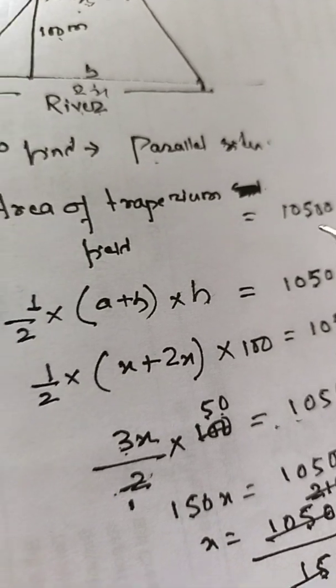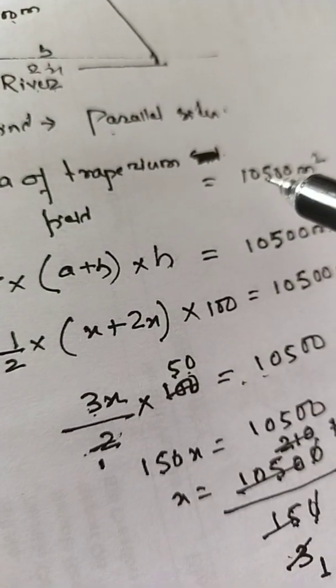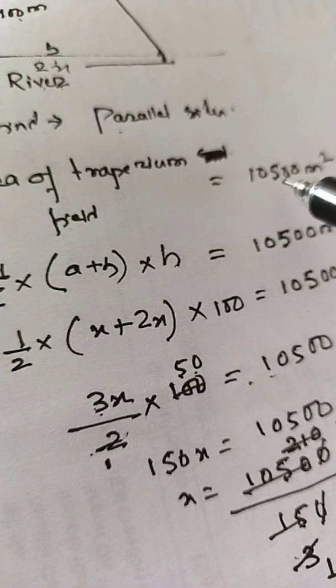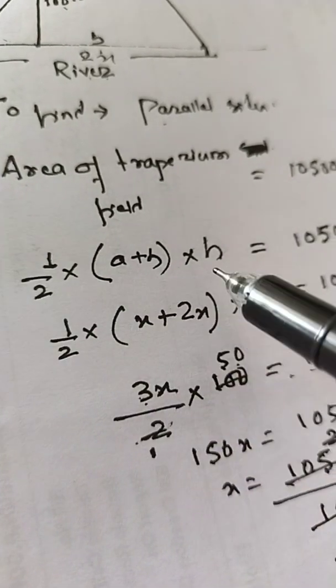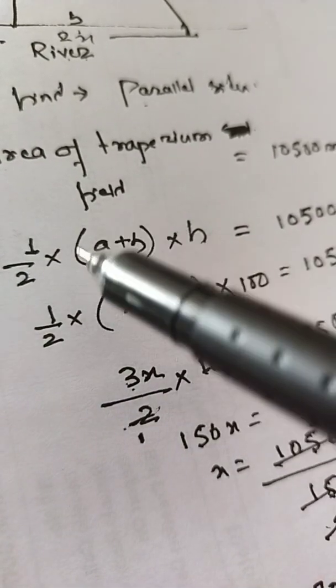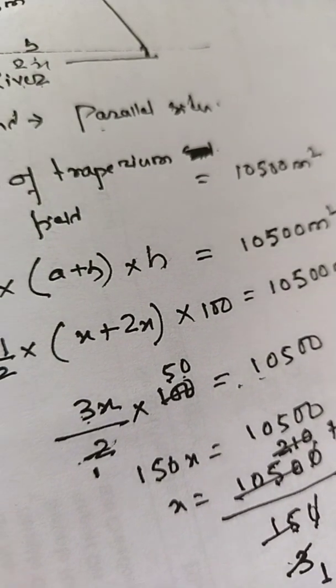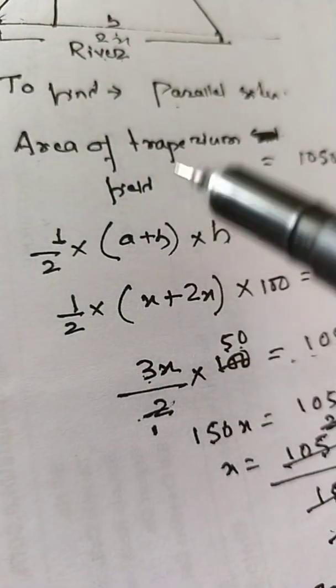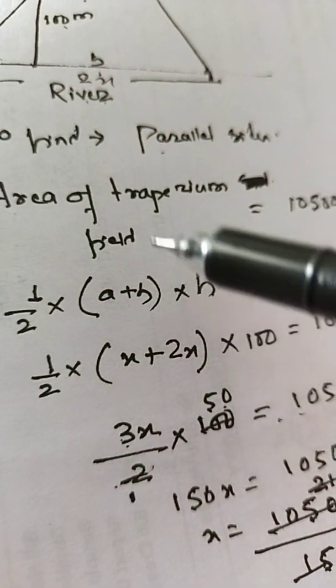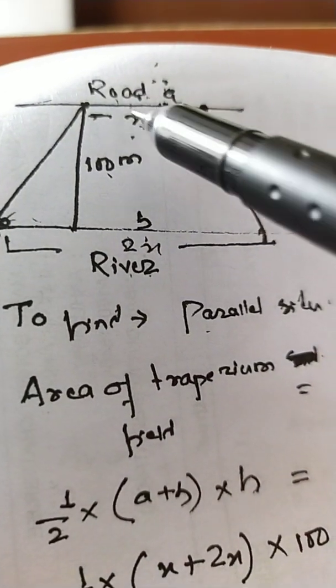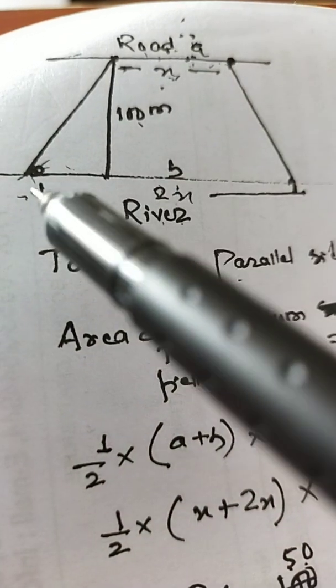It is already given in the question, so we'll compare the value 10500 with the formula, that is half into (a plus b) into height, equals 10500 meter square. Now according to the question, both the parallel sides are not given, so if we let this side be x, then the other side is 2x.